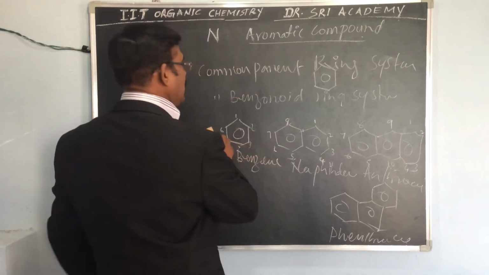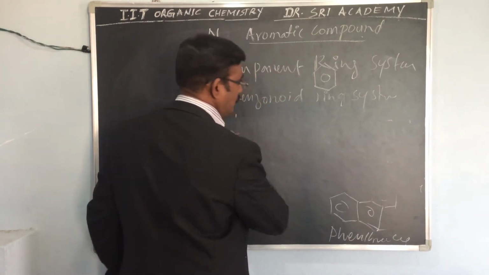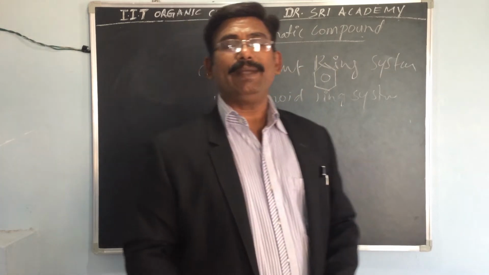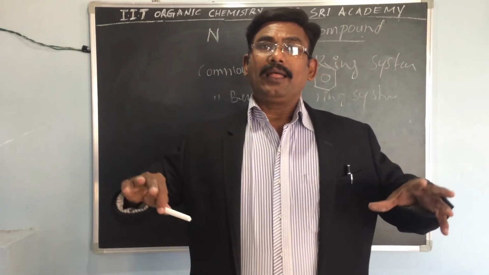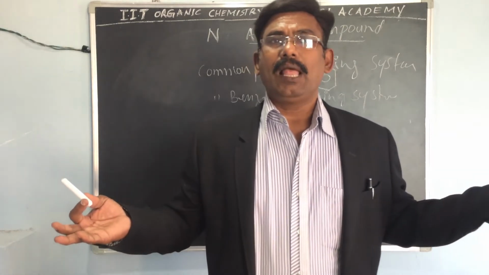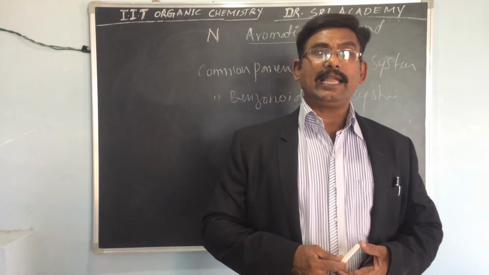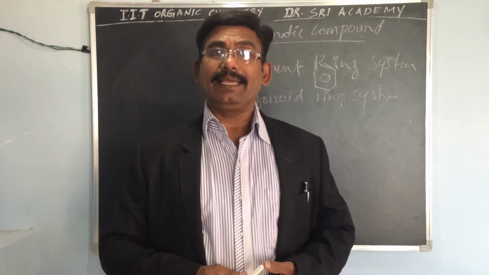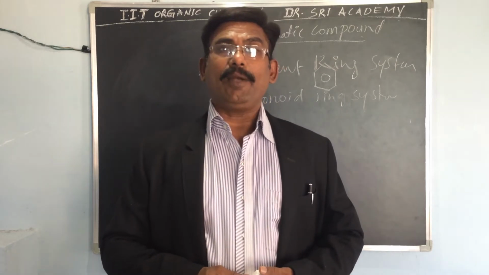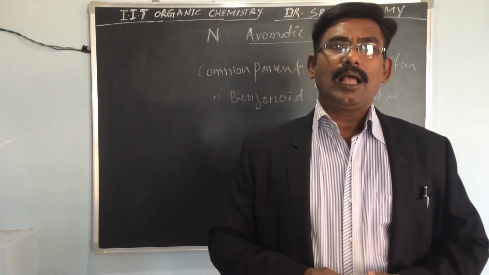Now, non-benzenoid compounds mean there is no benzene ring in them. For example, cyclopentadienyl cation, cycloheptatrienyl cation, or azulene.